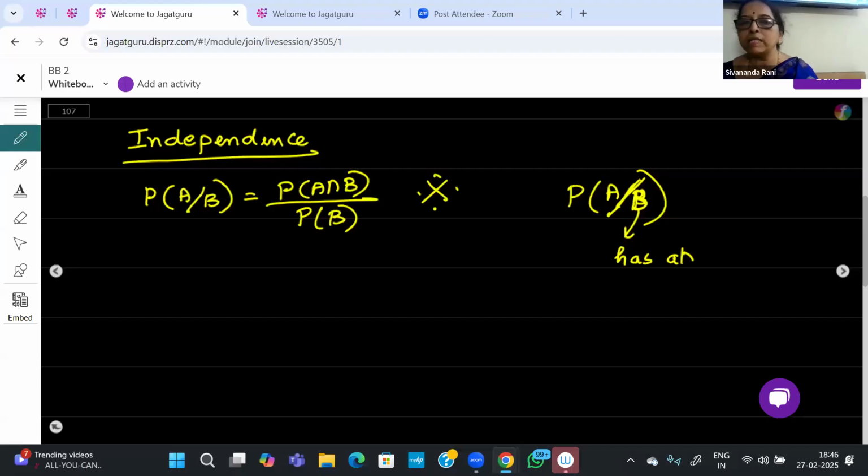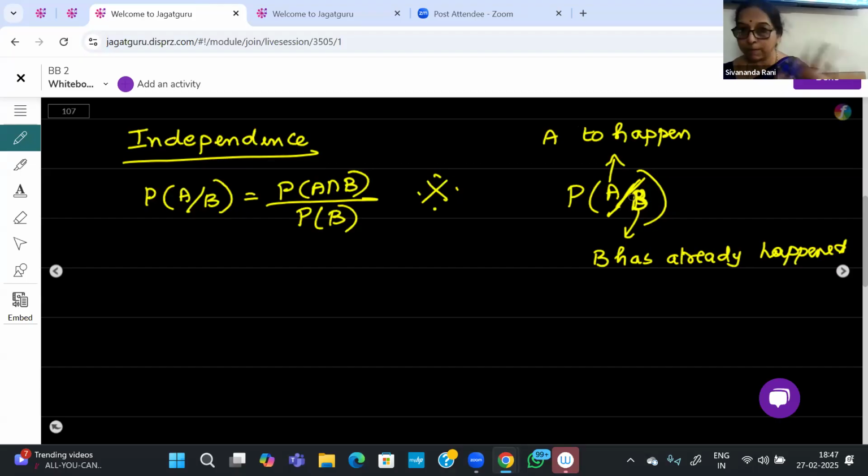For example, B has already solved a problem. Okay, then what is the probability for A to happen? That's what we are finding out. What is this probability? Probability of A to happen when B has already happened. Okay, that is what is known as P of A slash B. What comes after slash has already happened.